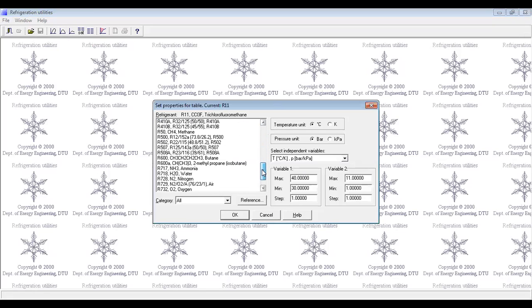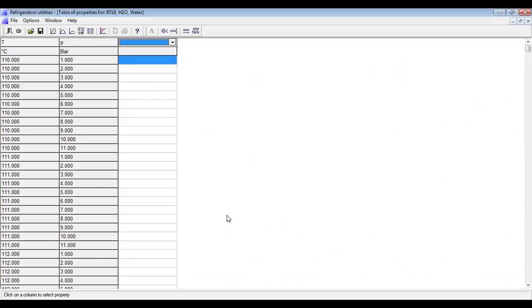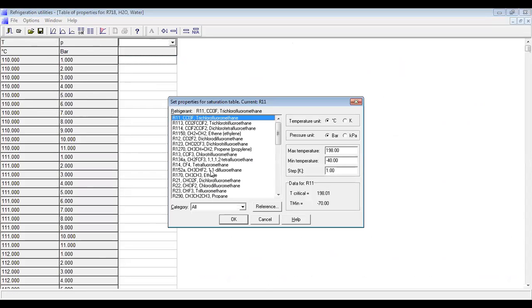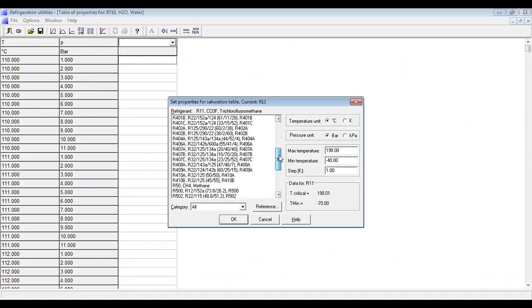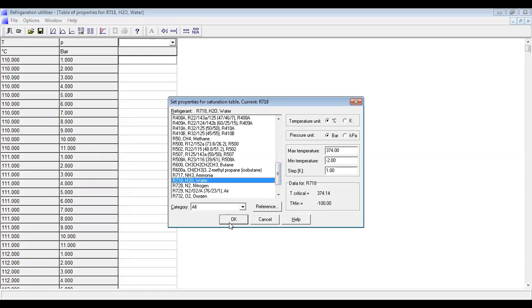For water, if we need water, this is only the saturation temperature and pressure. So if you need all the properties, you click the corresponding icon or a tab there.